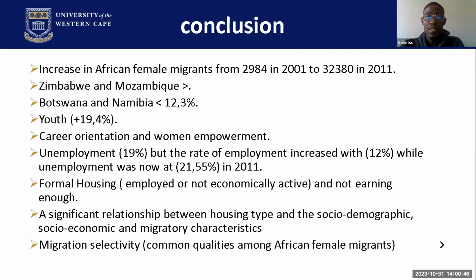It's selective because the majority of the African female migrants in South Africa share common qualities, both from their countries of birth and the areas of destination, most of which include seeking better economic opportunities and seeking safety and security, amongst other things.